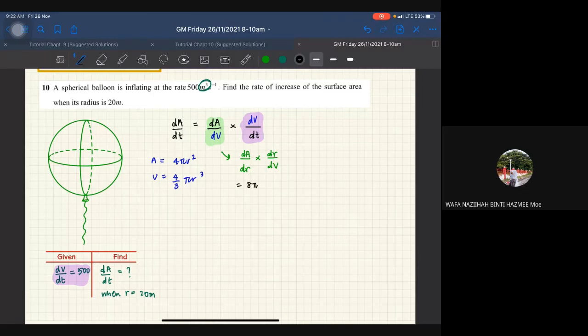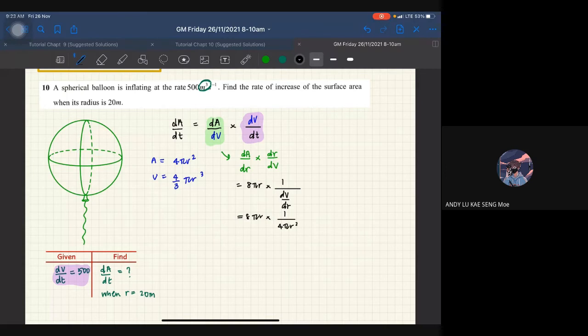Okay, so just substitute this into our formula. Saya tukar warna. Color green. So back to black. So dA over dt is equal to dA dV is 2 over r, and then times with dV dt is equal to 500.